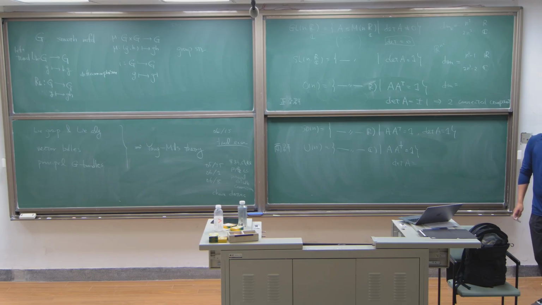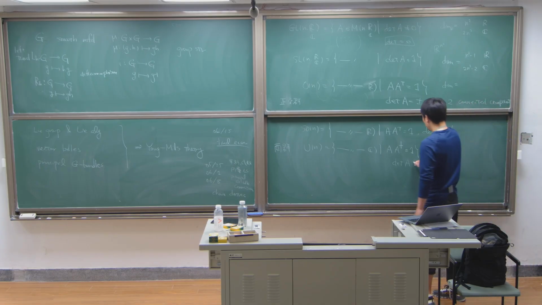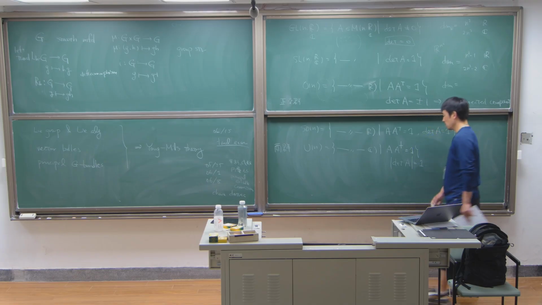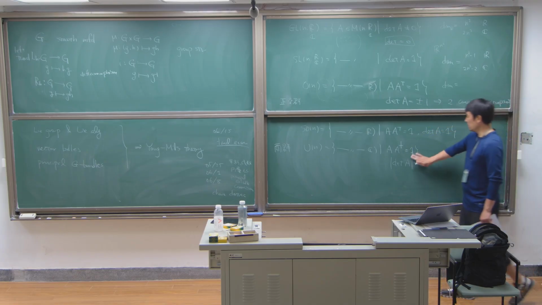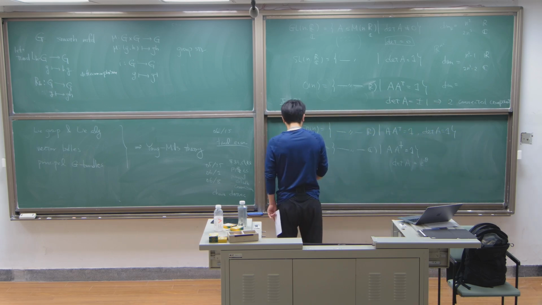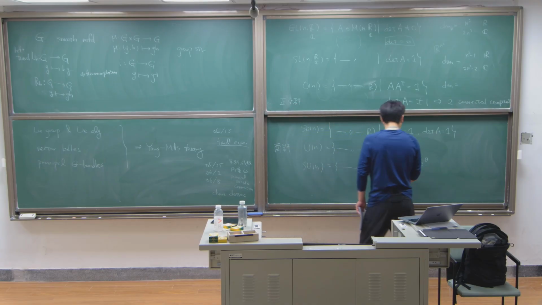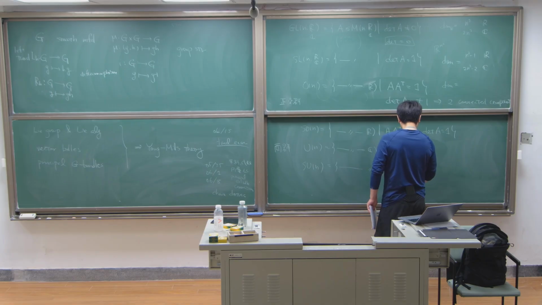You include the plus or minus 1, yes, so it is e to the i theta. The special unitary group SU(n) is everything the same, but the determinant of A is equal to 1.